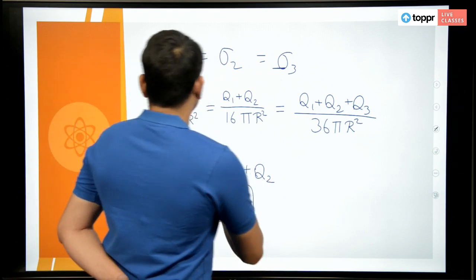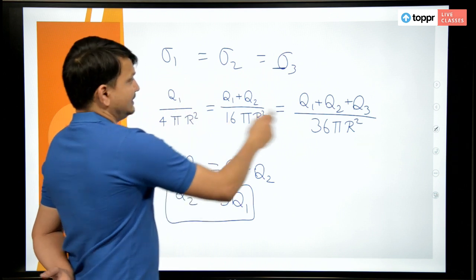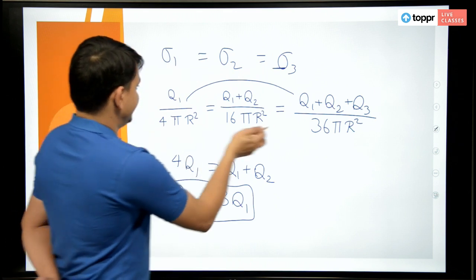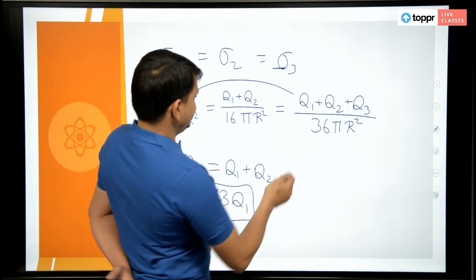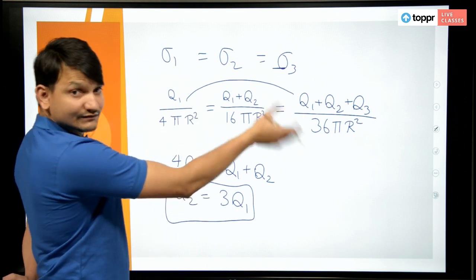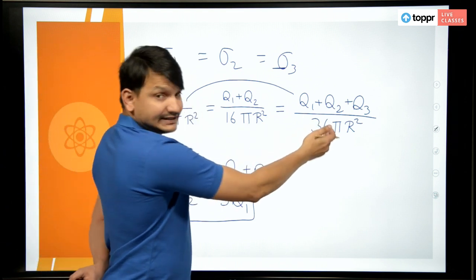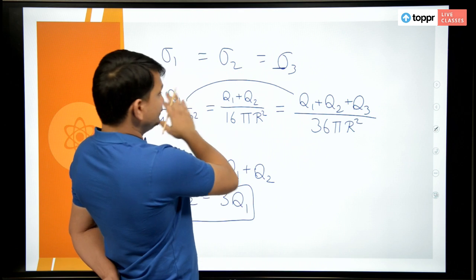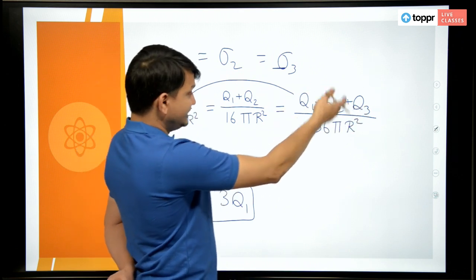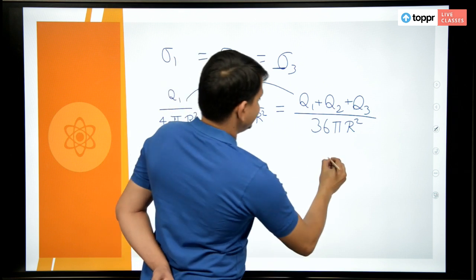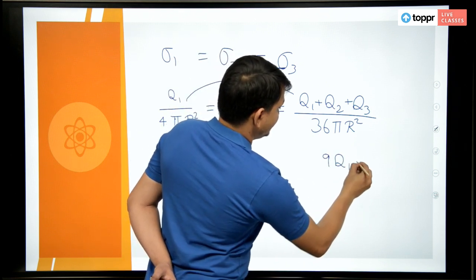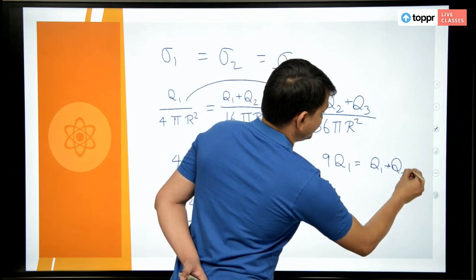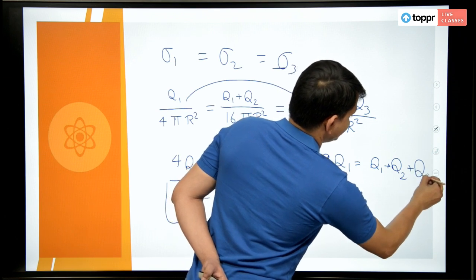Now compare Q1 with this last one. We are getting 9Q1, because if we cancel out 4 pi r square from both sides, we still have 9 here and nothing in the denominator here. So Q1 equals Q1 plus Q2 plus Q3 divided by 9, or in other words 9Q1 equals Q1 plus Q2 plus Q3.